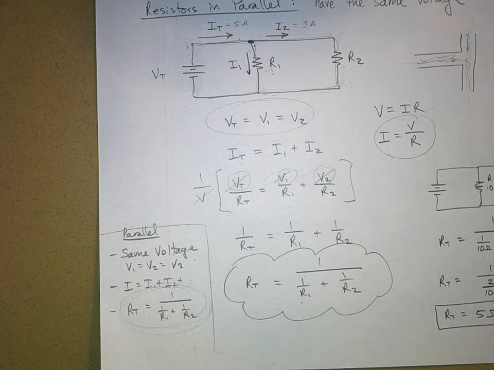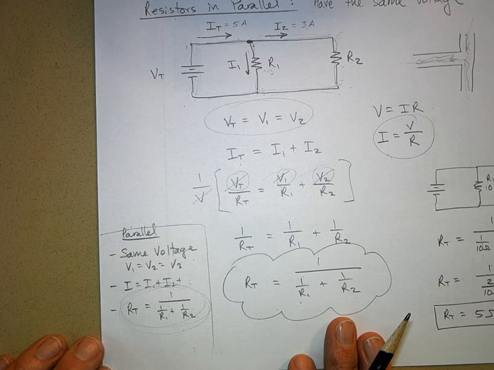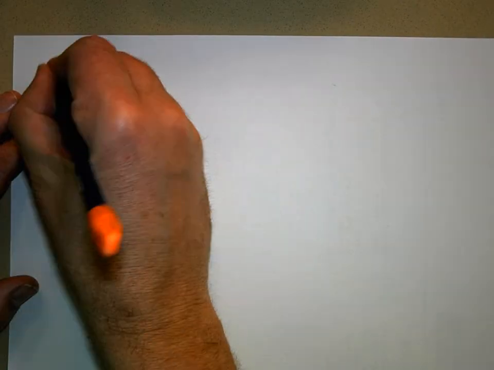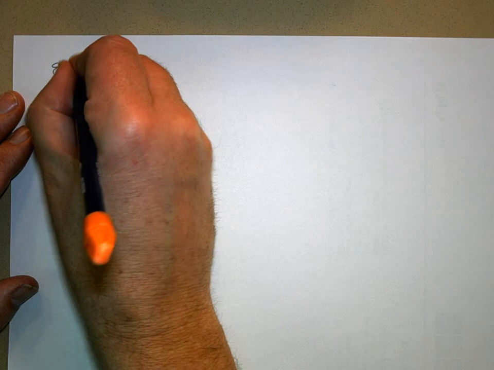That's one way to check your work. If you get an answer that's bigger than one of your resistors, you know that you've done it incorrectly, so you can go back and fix it. So let's do a couple of examples. Okay, so I'll call this example 1.